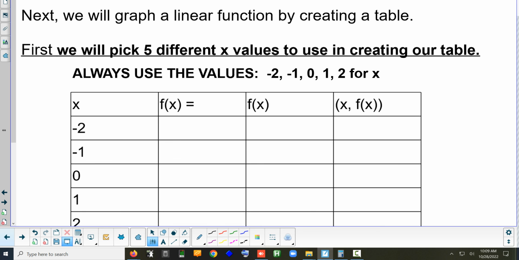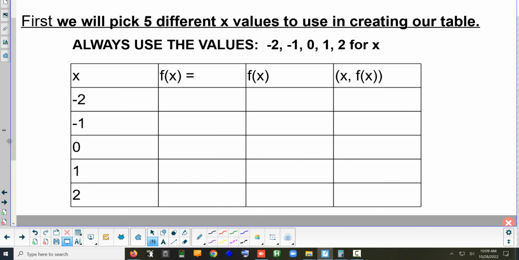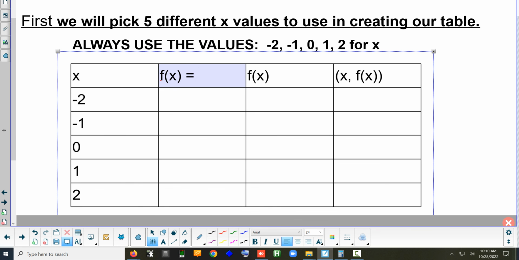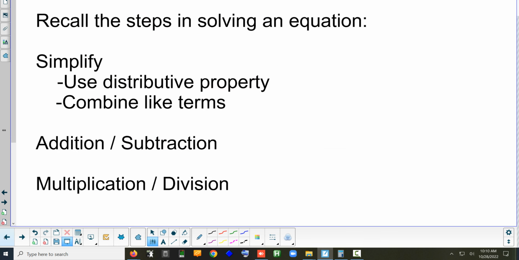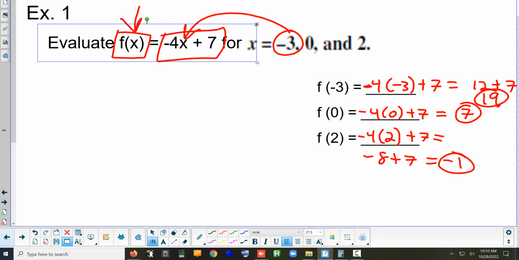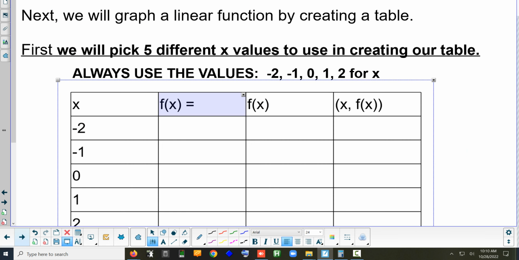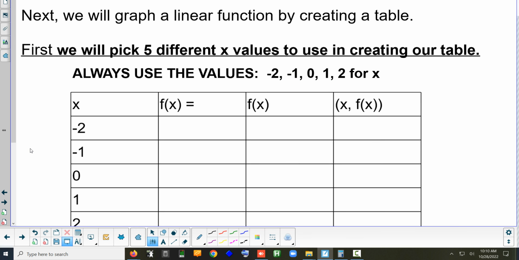So this is kind of a template of what your table is going to look like when you do a problem. And you guys already have that table with the numbers? Okay. There's nothing to fill in on this one because we don't have a formula. Like, if I did go back to the last one, f of x equals negative 4x plus 7, if I wanted to actually draw that, I would write that in right here.